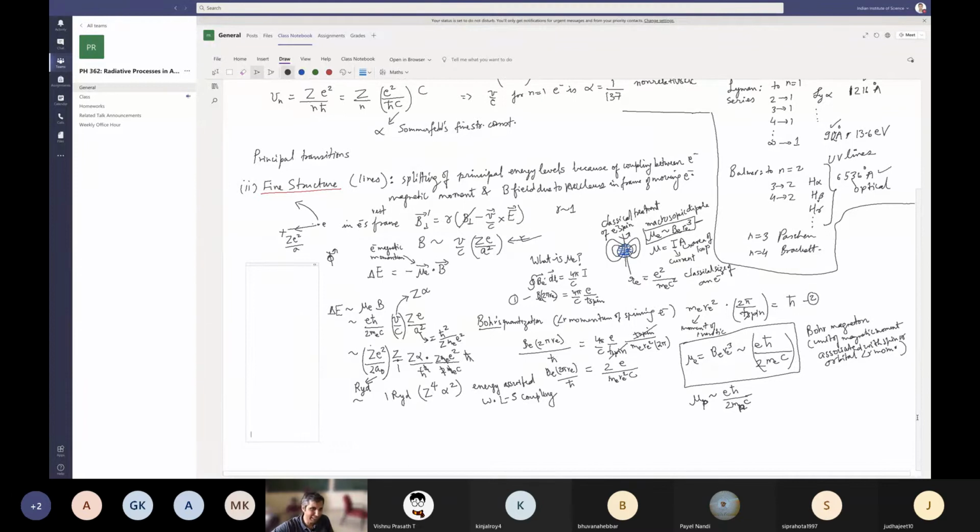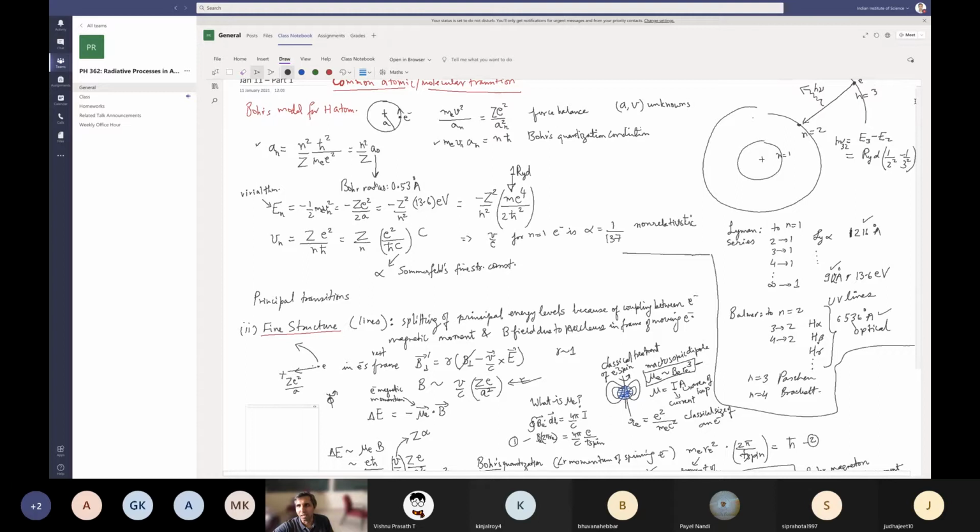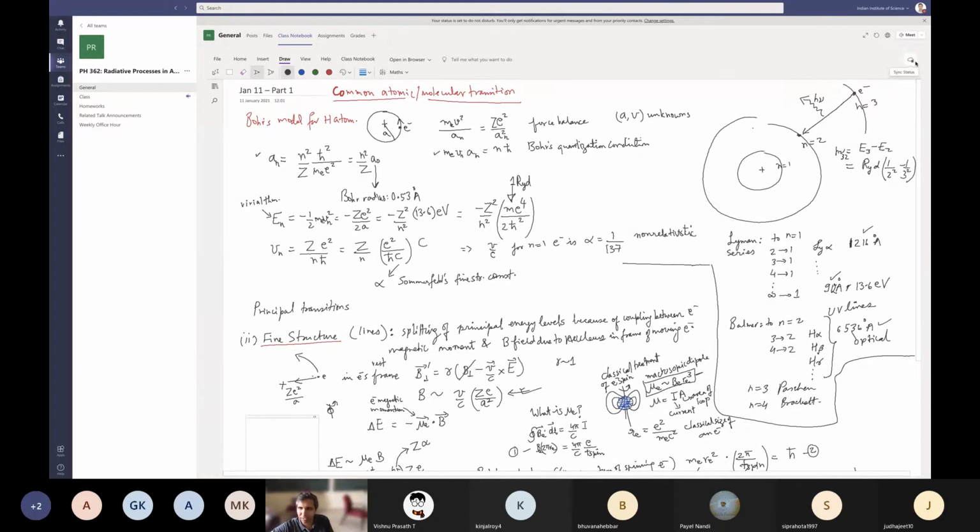So basically this gives us the energy scaling of fine structure lines. These principal transitions, these principal levels are actually split further because of this LS coupling.